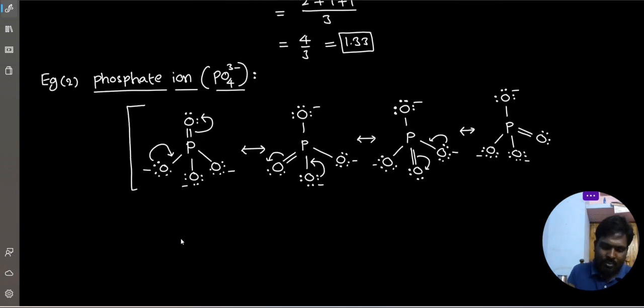Clear? Or otherwise, double bond O in first position, second position, third position, fourth position. This is one trick actually. So four resonance forms possible.